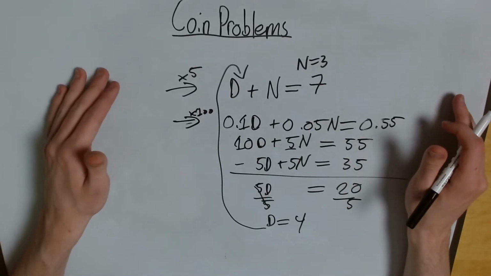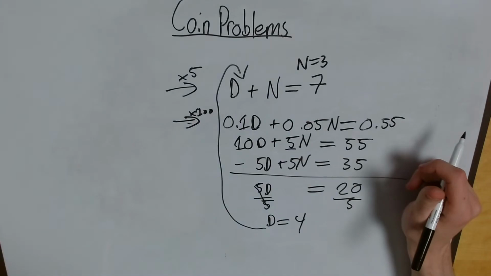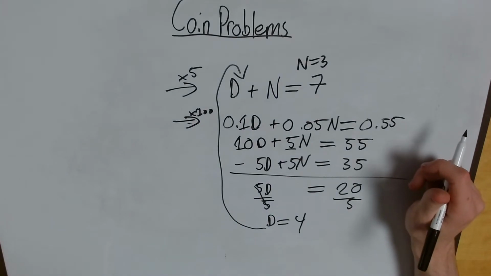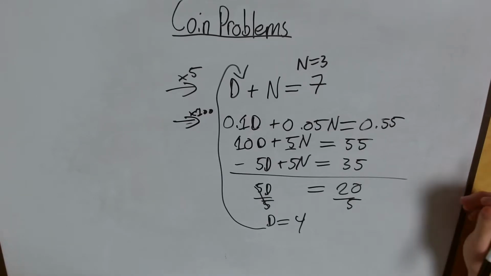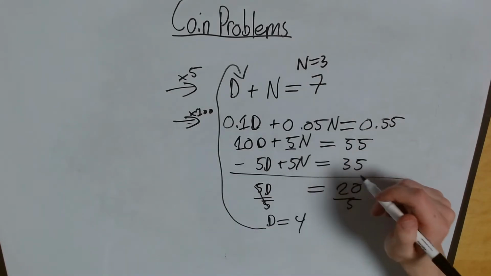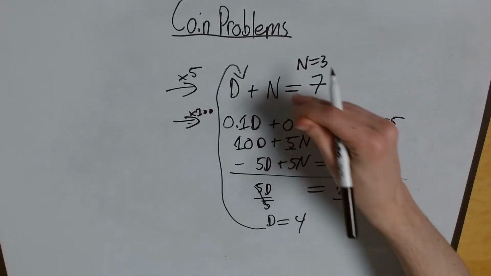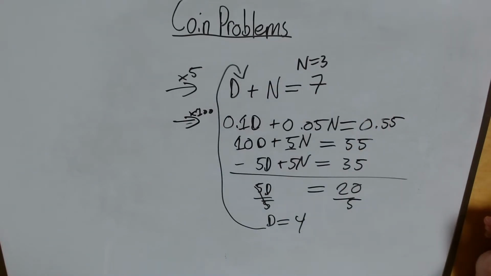Another very important strategy. Look for the places where you can cancel out variables. Look for the ways in which if I multiply or divide by a certain number, I can get variables that have the same coefficient in different equations. A very, very valuable strategy.